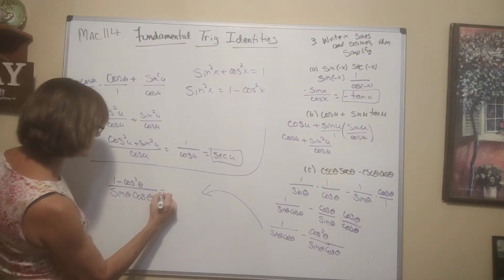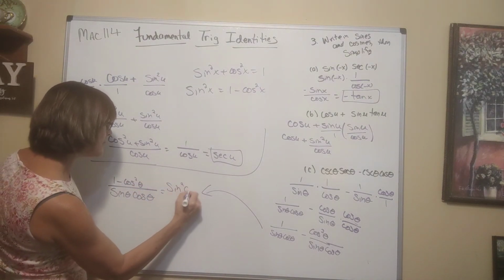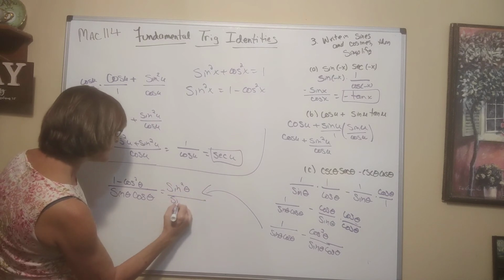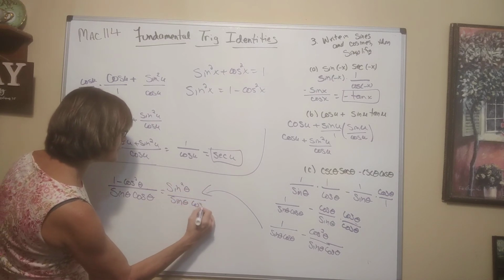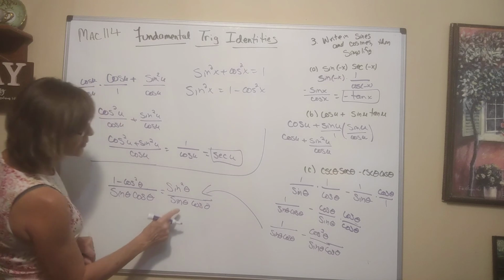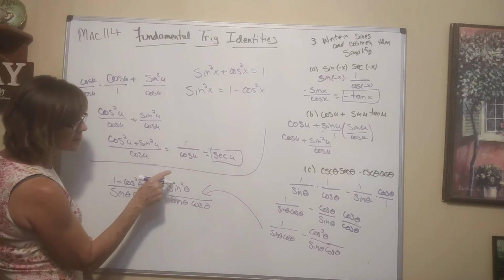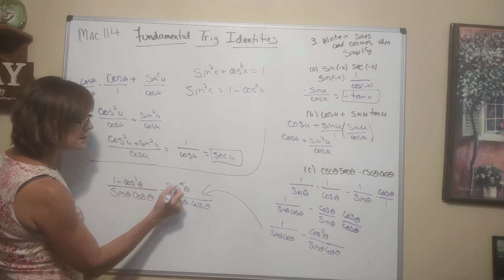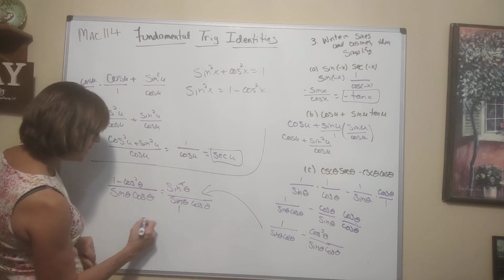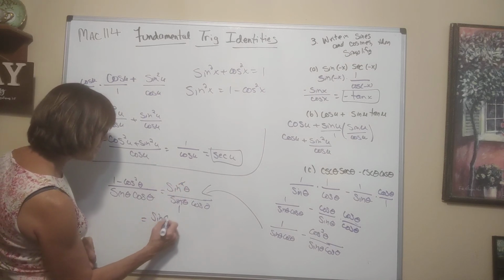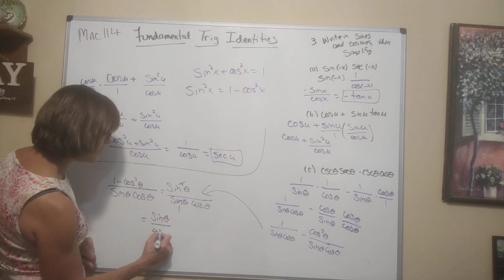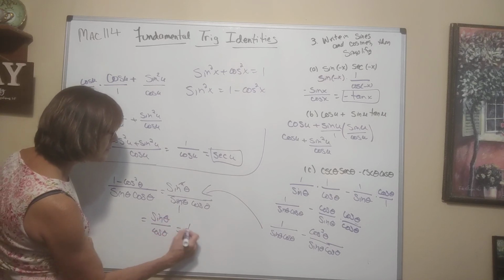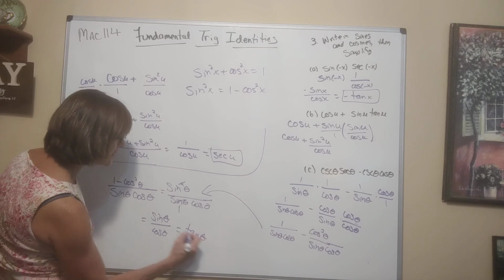So this is equal to the sine squared of theta over the sine of theta times the cosine of theta. All right, we know that this is just sine theta times sine theta, so I can cancel this with one of these. This just becomes a sine of theta. So this is left with the sine over the cosine, and this is known as the tangent of theta.